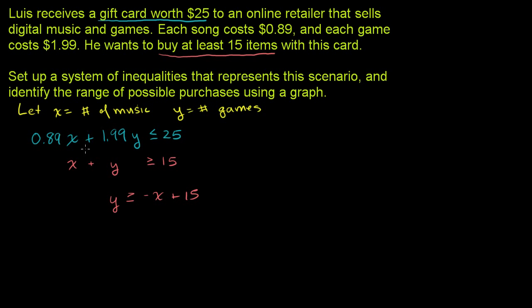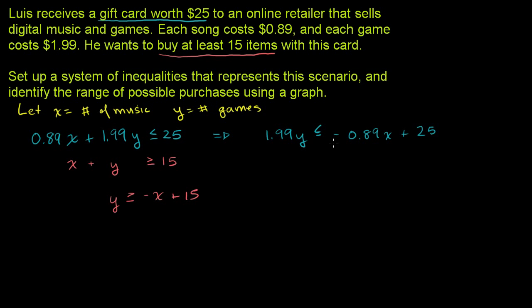This first equation, if we subtract 0.89x from both sides, we get 1.99y is equal to negative 0.89x plus 25, and sorry, that should be less than or equal to, not equal to.